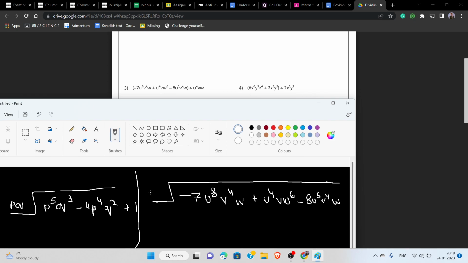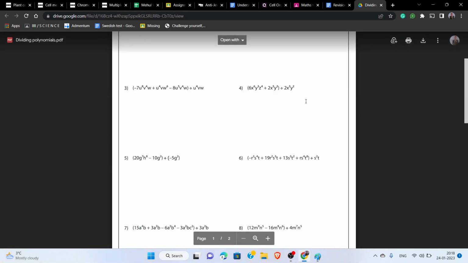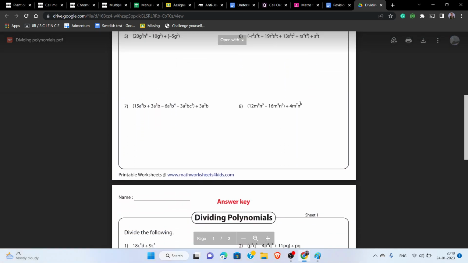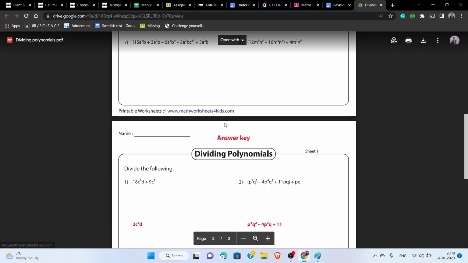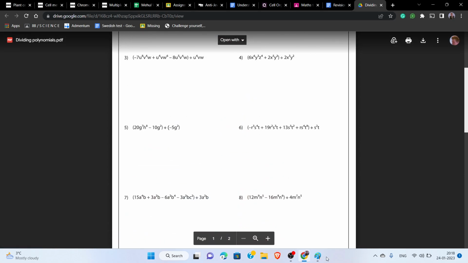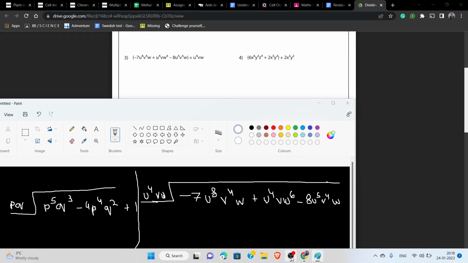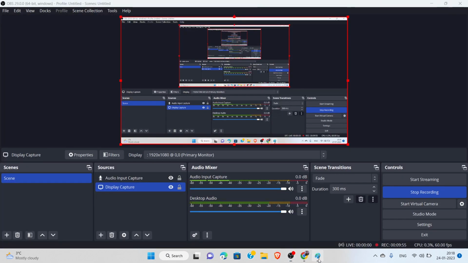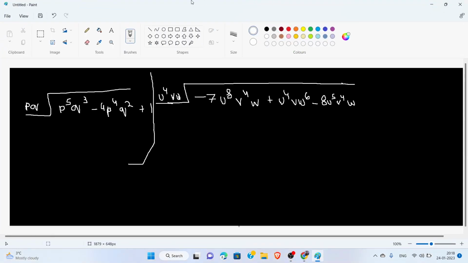And I'm dividing this by u to the power 4 v w. I'm just going to make sure that they're not dividing by new binomials, right? No, not here. So you guys are good, I think. Okay, let's solve this.